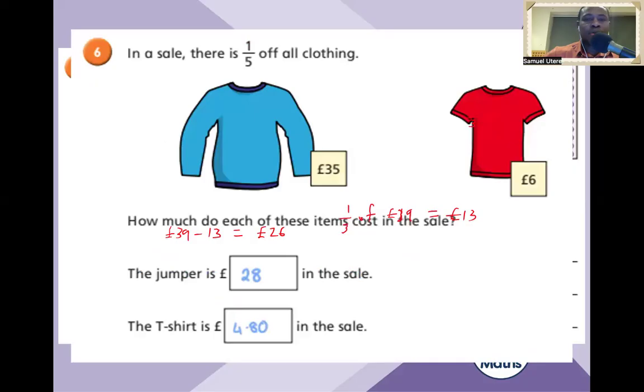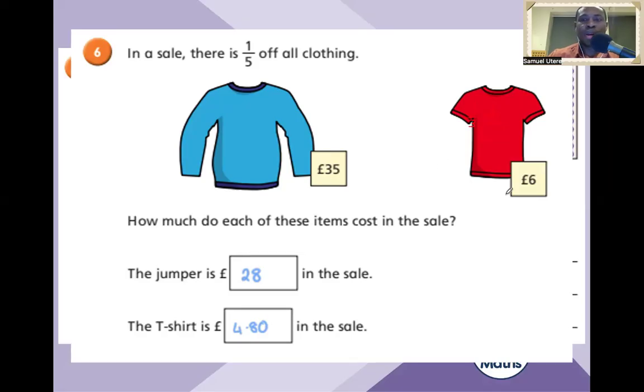And here is the answer for question 6. So for question 6, you were asked, in a sale, there is 1/5 off all clothing.